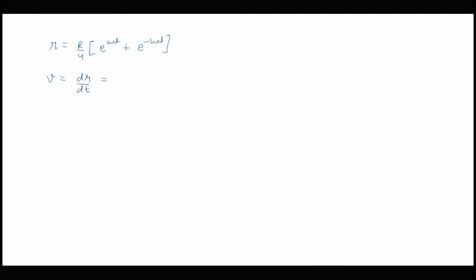Over here we obtain it as r by 4, then omega e to the power omega t minus omega e to the power minus omega t, or we can write the velocity as r by 4 omega into e to the power omega t minus e to the power minus omega t.